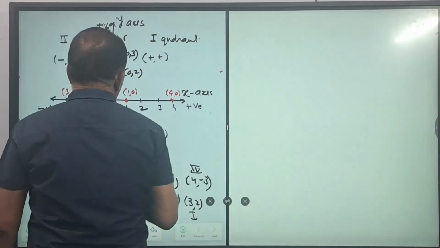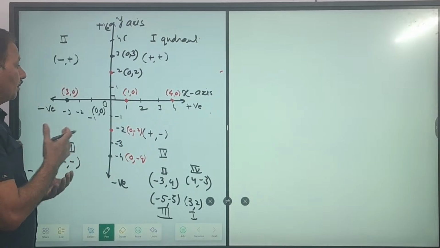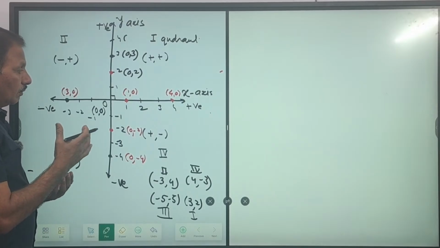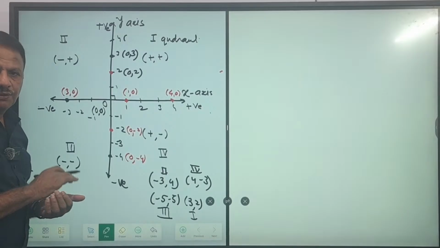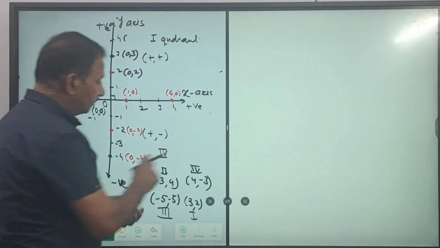Now, suppose for example, इसमें इक्वेशन ऑफ द x एक्सिस और इक्वेशन ऑफ द y एक्सिस ये भी हम थोड़ा सा डिसाइड करेंगे.